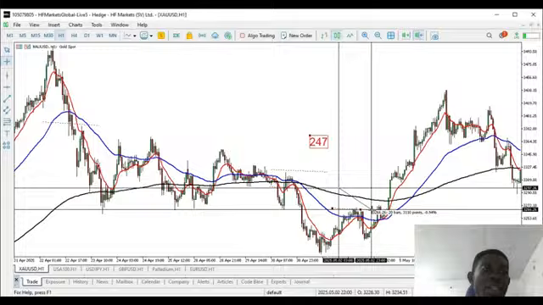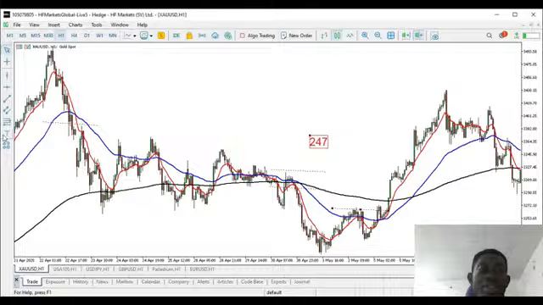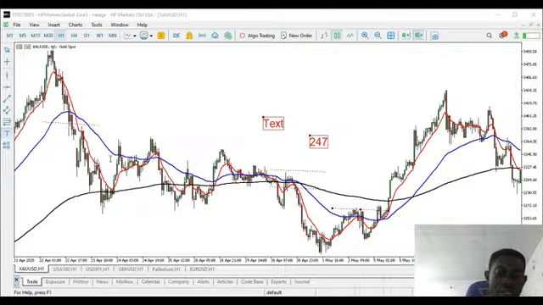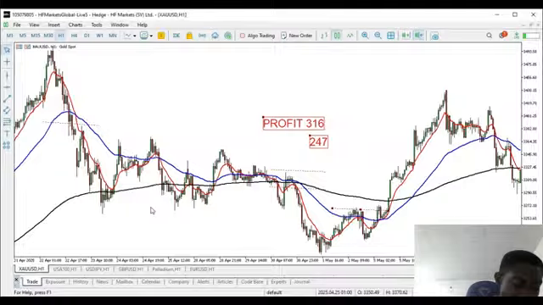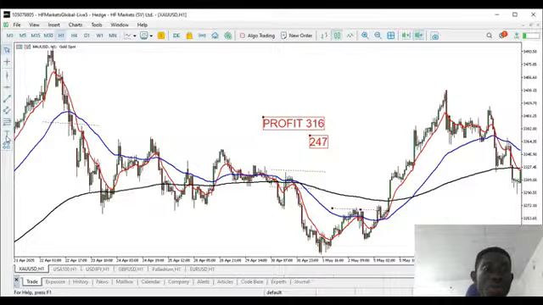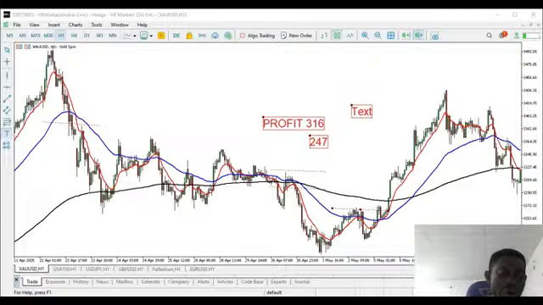Profit target is 316. The risk to reward ratio is 316 divided by 247, and that is 1.27.